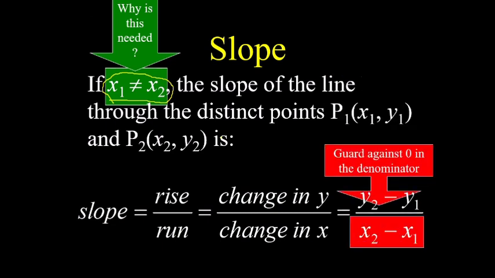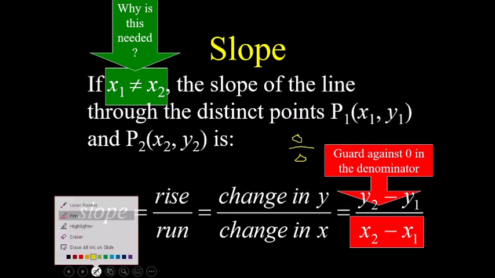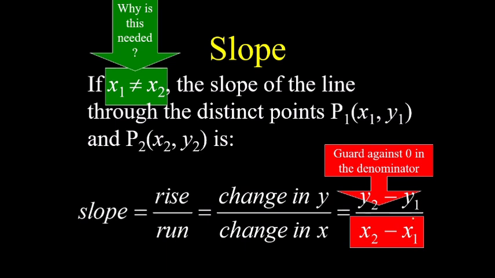To guard against 0 in the denominator. If, let's say, the correct answer is a and 0 is under it as the denominator, this will be undefined. When the numerator is 0 and the denominator is also 0, this is considered indeterminate.